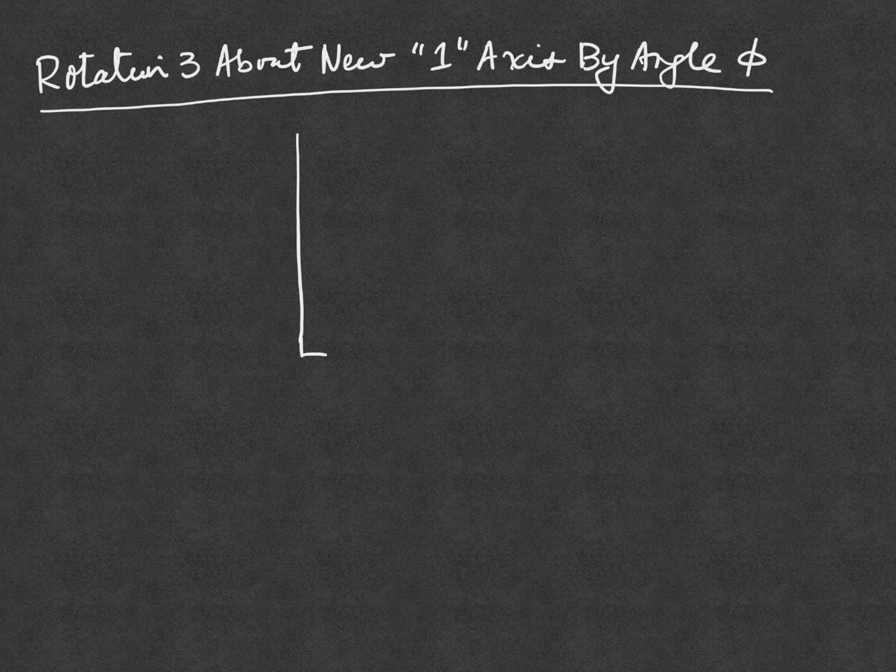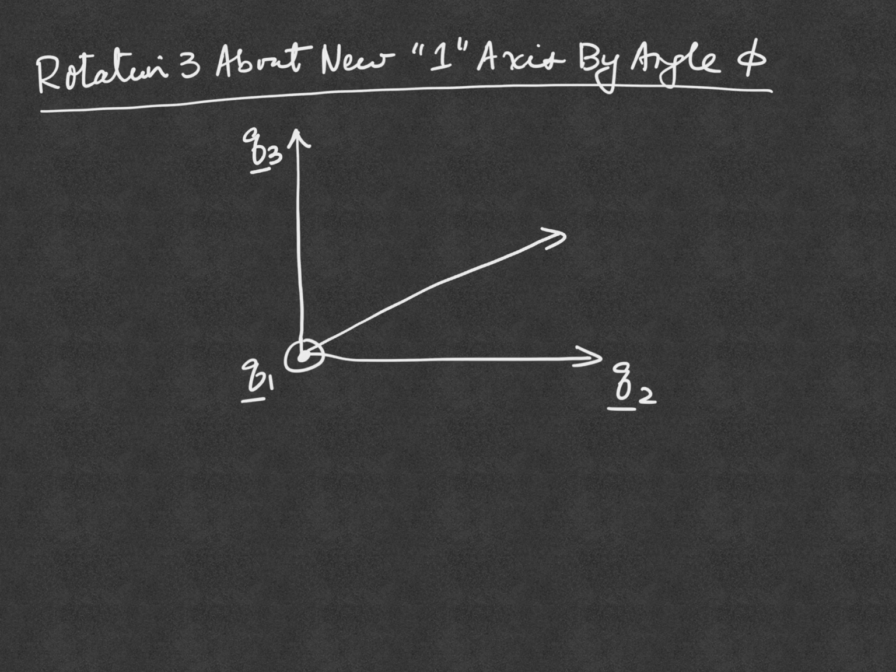We have the result from the previous rotation, but now we're rotating about the one-axis. So this is Q1, and then this is Q2, and this is Q3. And then when we're done with this rotation, we wind up in the basis fixed in the rigid body. So this is B2, B3, and then B1.